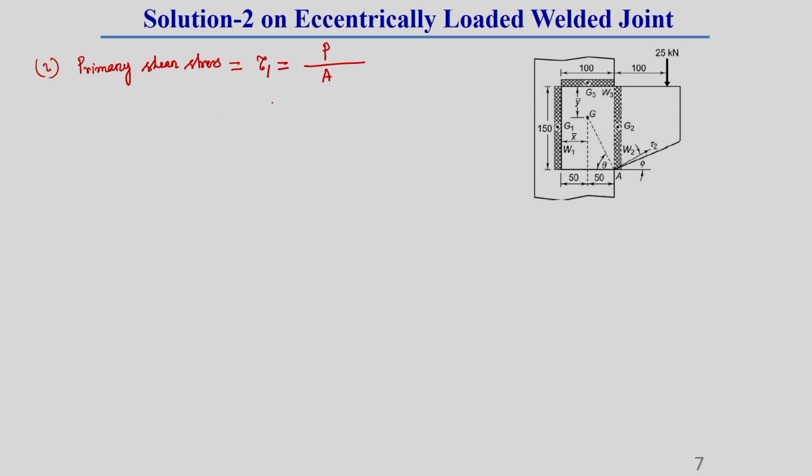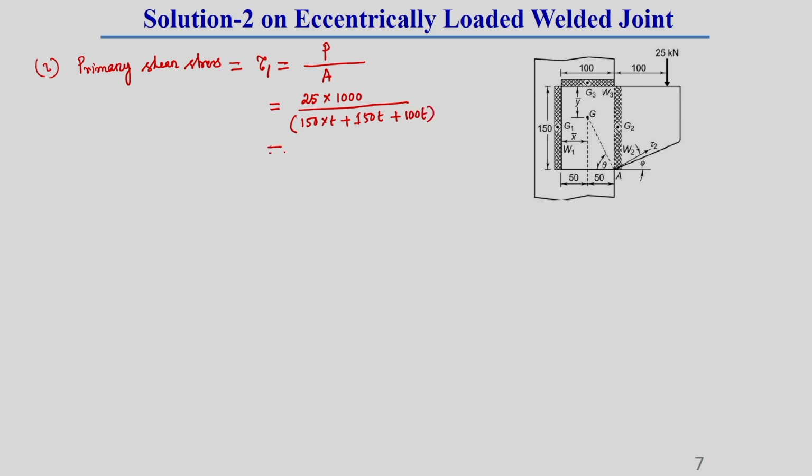P is known to us, 25 kilonewton, so 25 into 1000 in Newton, and the cross sectional area is 150 into T for one vertical weld, another vertical weld, plus 100 into T.